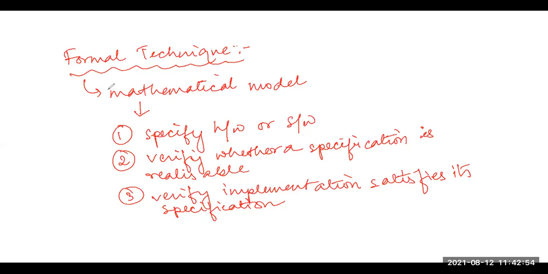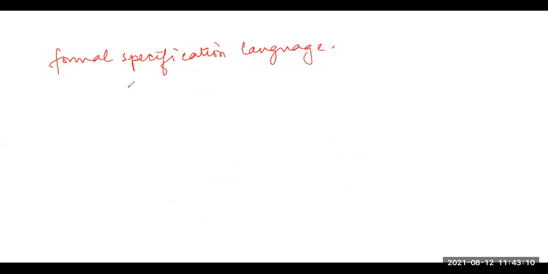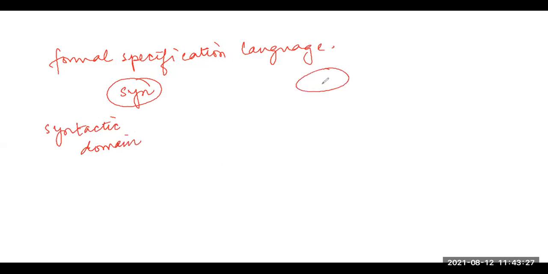So in this formal specification language, there are two sets. One set is known as SIN, which means syntactic domain. Another is known as SEM, which means semantic domain.